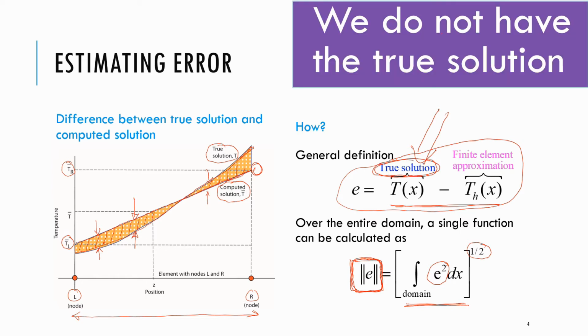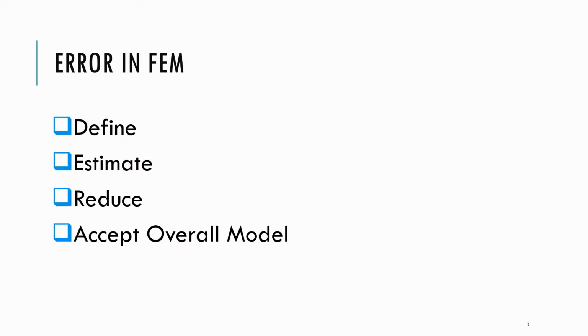So this makes a huge difference in terms of the error calculation. We do not have the true solution. And so now we have to do something to get around this. I want you to see this. So how do we get around not having the true solution?